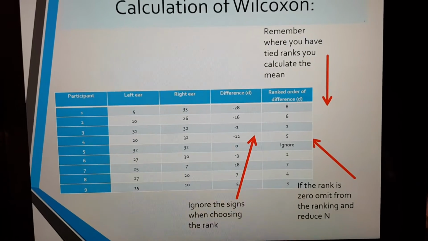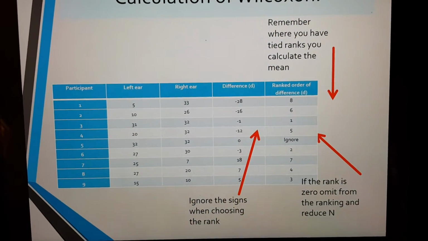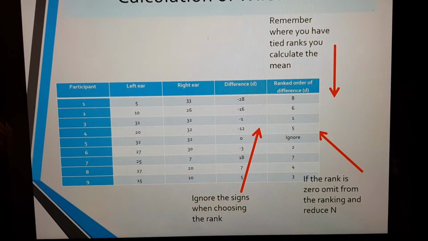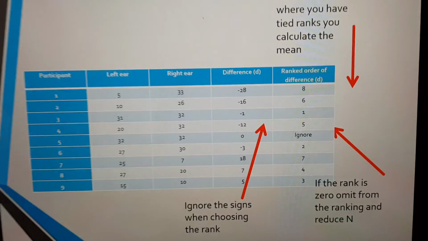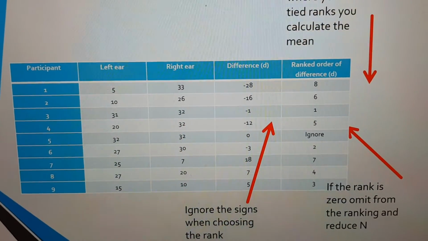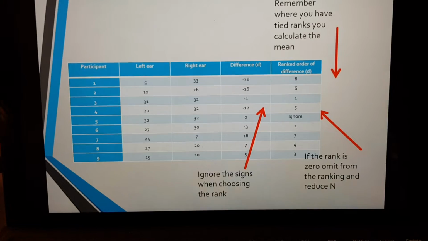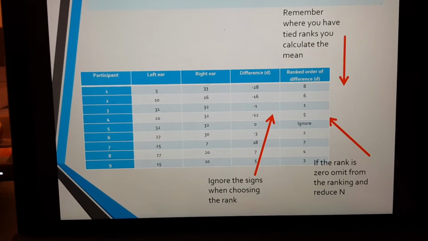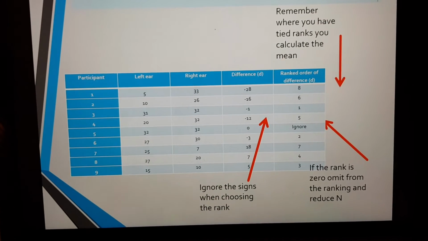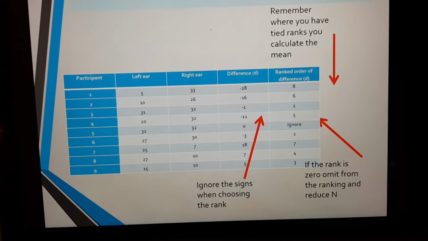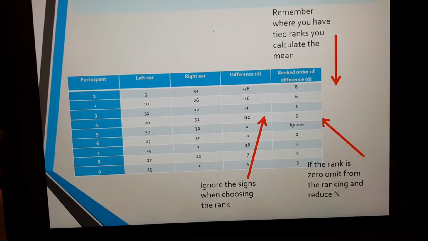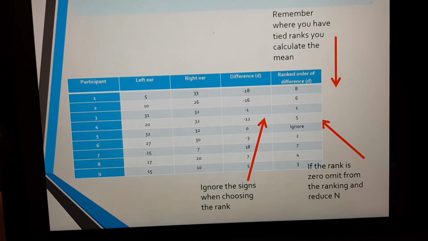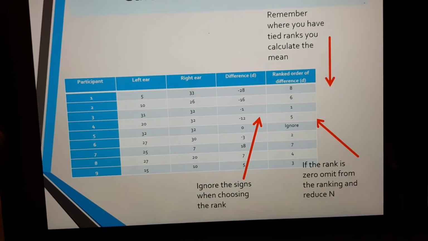Another rule that you need to remember here is that we're going to ignore 0 differences. As you can see, participant 5 has a 0 difference. We're going to ignore that, perhaps cross through it so you know that you're not doing anything with it. And what you need to remember is when you find your critical value later in the table, you have to reduce n accordingly.